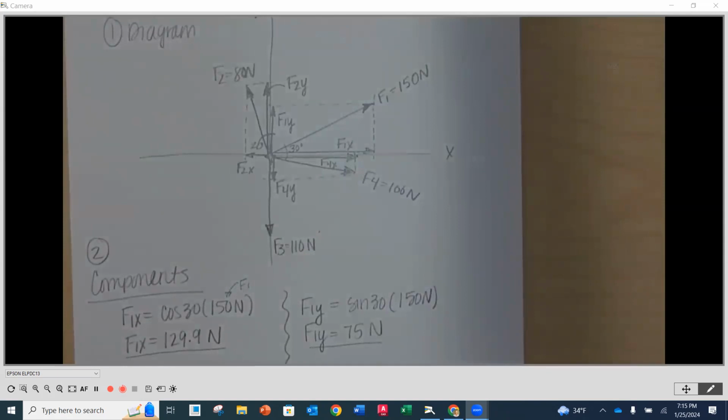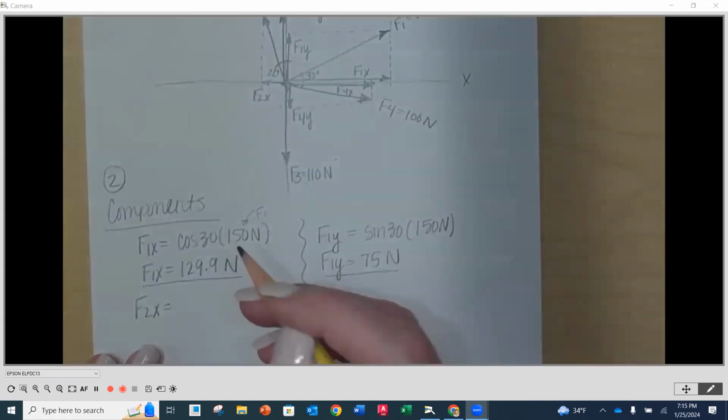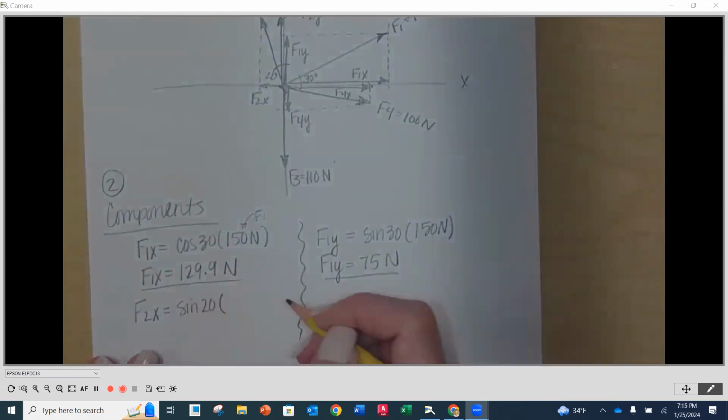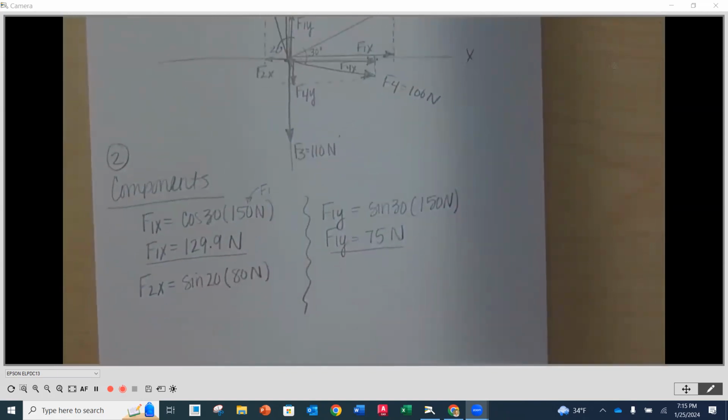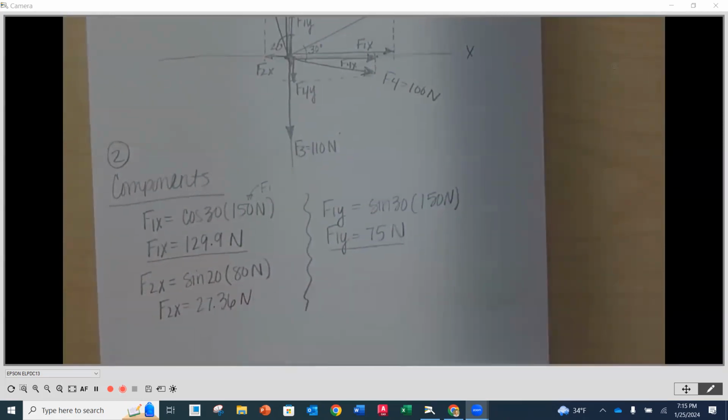So for the X component, it's going to be the sine of 20 degrees times 80 newtons. So F2X is going to be equal to 27.36 newtons.